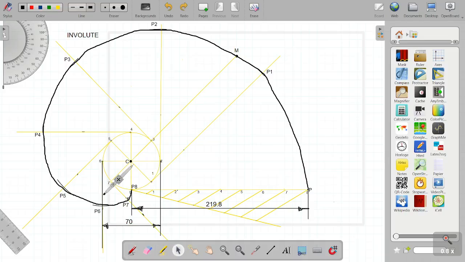in which we will keep the compass at point C, then measuring the distance more than half of this line and just make a arc somewhere here. Similarly on the other side. Now keeping the same radius at point M, we need to draw arc from this side also.